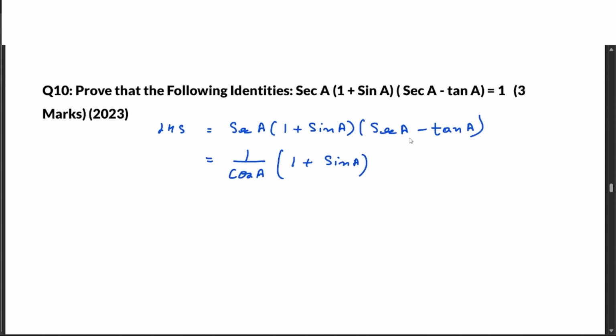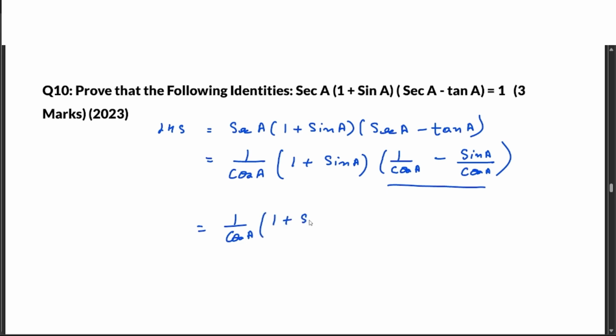Now again sec A is given, so you can also convert it into 1 over cos A, minus sin A over cos A. Inside this, both are fractions, so we can say 1 over cos A times (1 plus sin A), and here you will get (1 minus sin A) over cos A. This much you got.